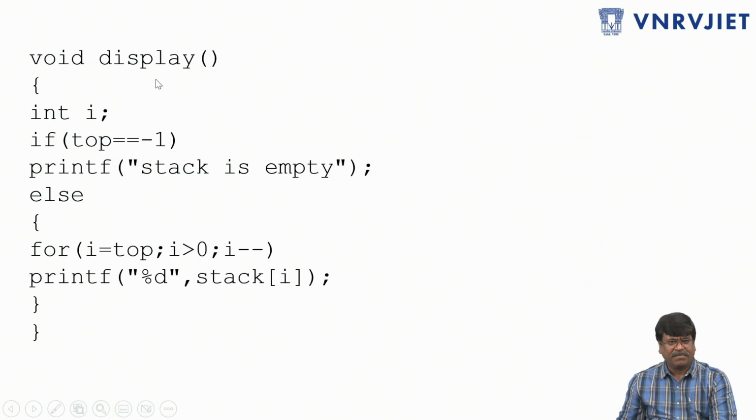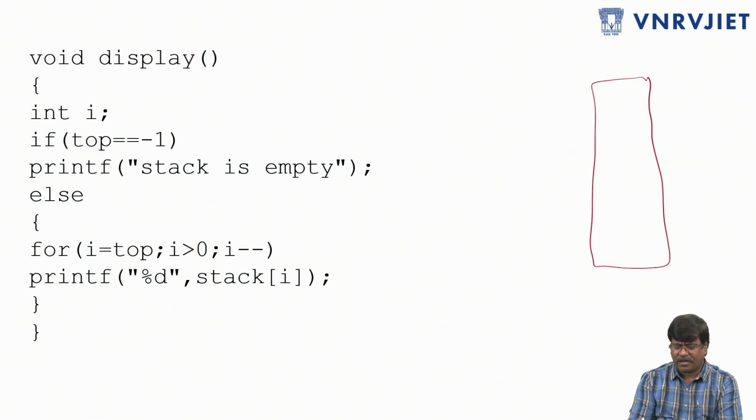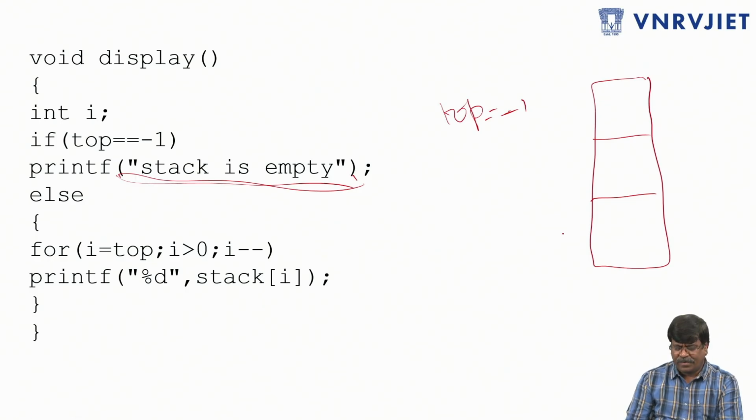And I have a display function. If you want to display all the elements I have in the stack, I can use this display function. If the top value indicates -1, it is the initial state where the stack is empty, so I throw the message stack is empty. Otherwise, the top value represents the top element of the stack.